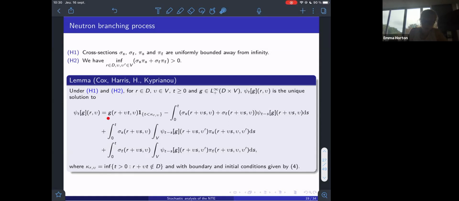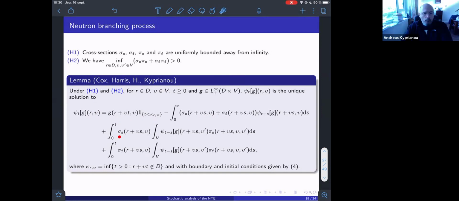So first of all, we can see that this describes the transport term. If I start with a single particle at (r, v), it could have just traveled in a straight line until time t and nothing happened. Or at some rate, I could have had some event, which is given by the total sigma_s plus sigma_f.